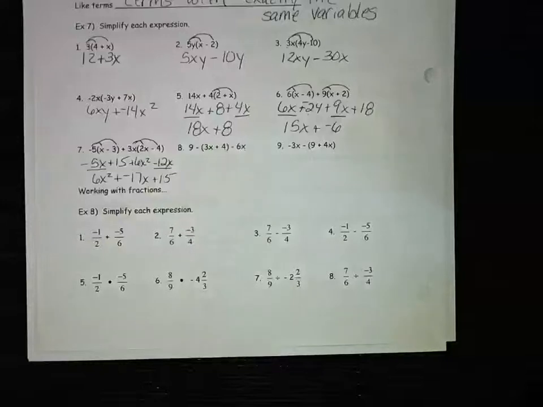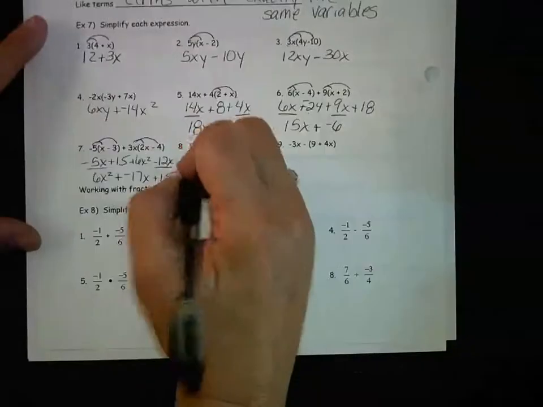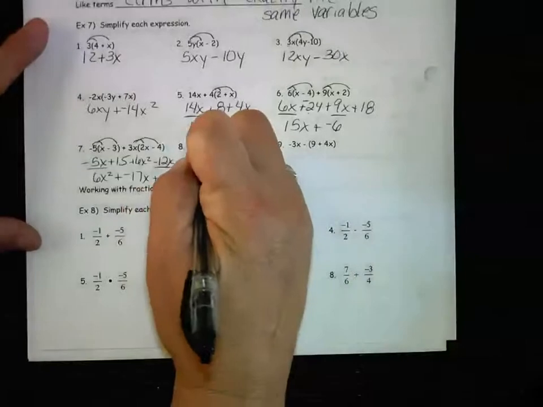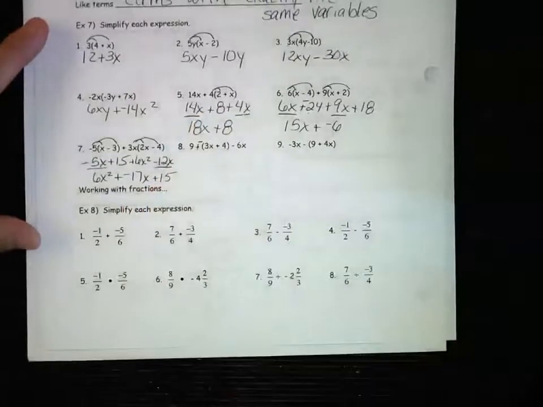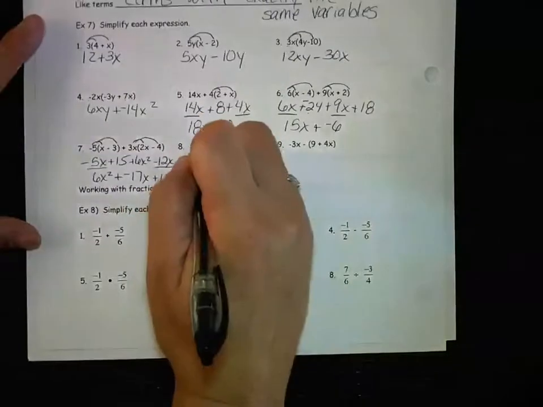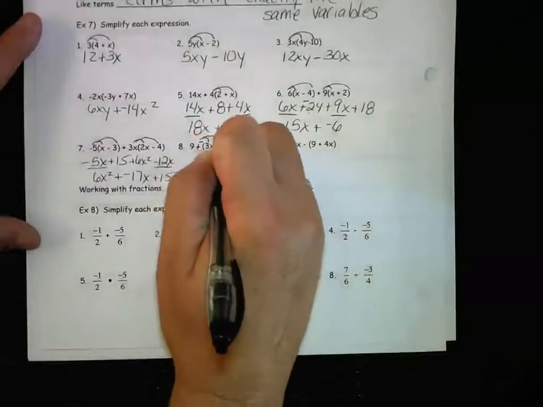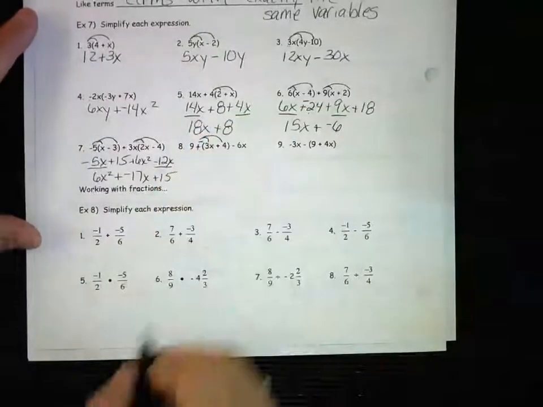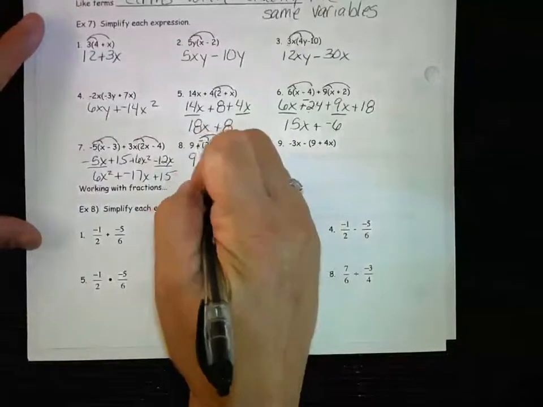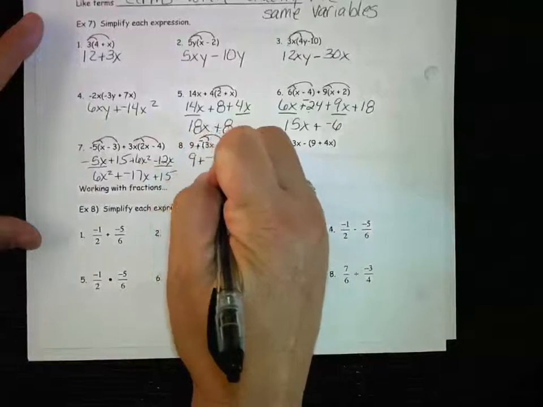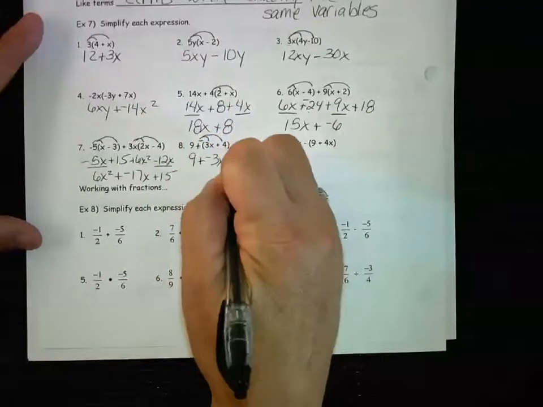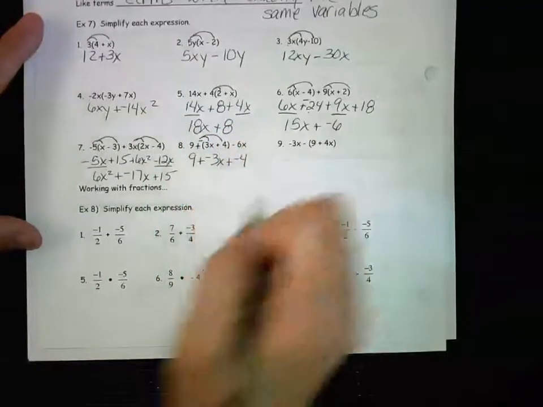Number 8 is kind of tricky. If we zip zap that, you have the negative in front of the parentheses, and you need to distribute that negative. So that becomes a negative 3x and a negative 4.